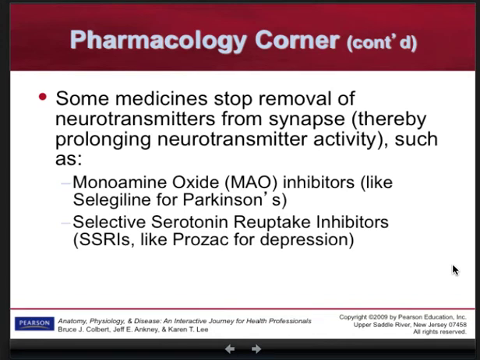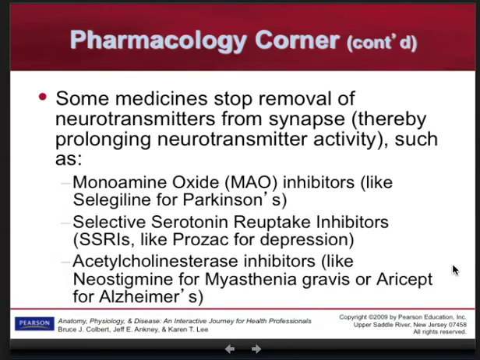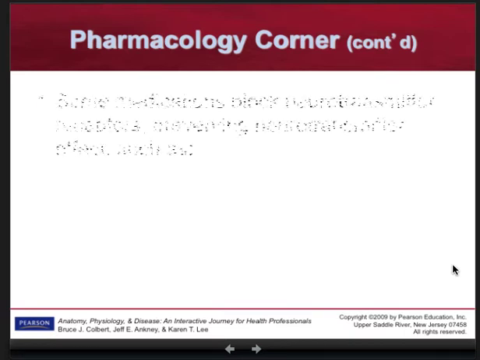And what these do is they decrease the breakdown of the neurotransmitter in the cleft, and as a result of its remaining in the cleft for a longer period of time, the signal that it produces on the downstream target lasts for a longer period than it otherwise would. There are also acetylcholinesterase inhibitors, such as neostigmine for myasthenia gravis or Aricept, that's been used for Alzheimer's.